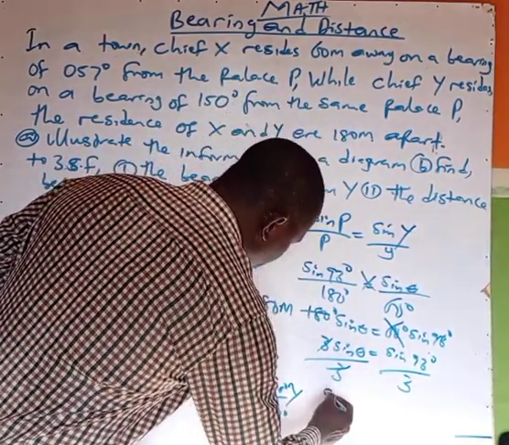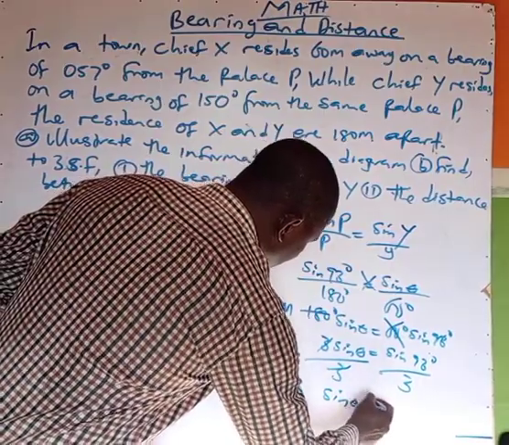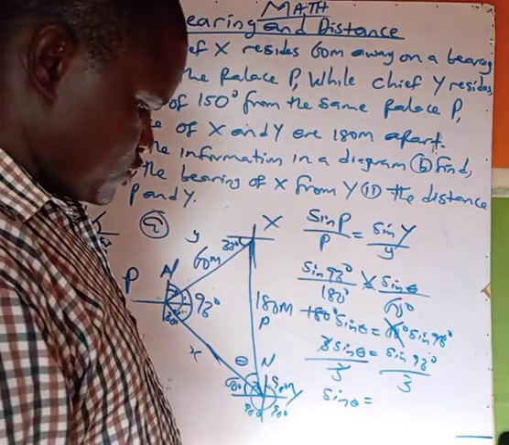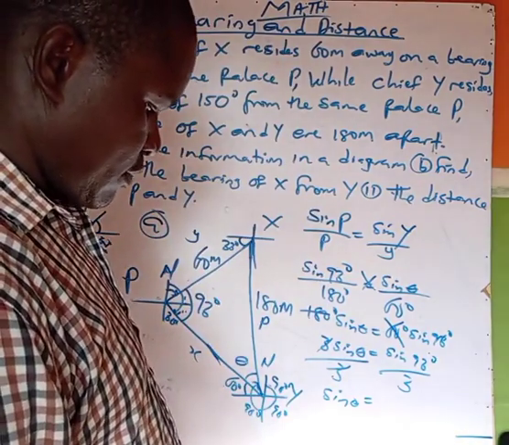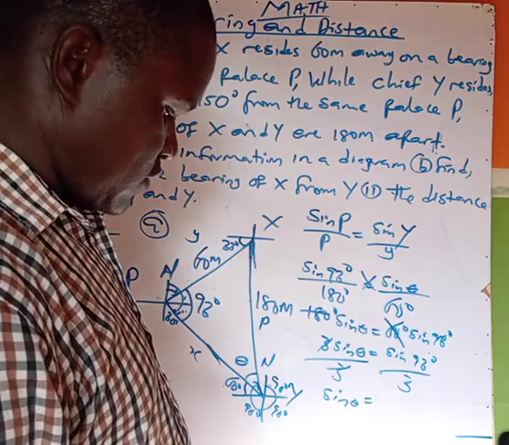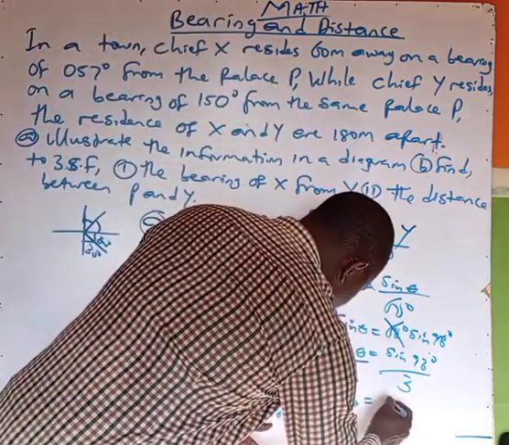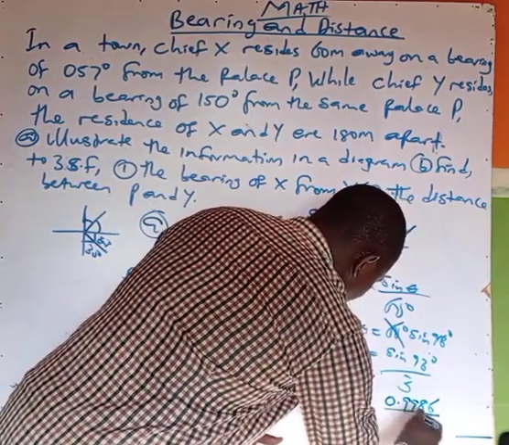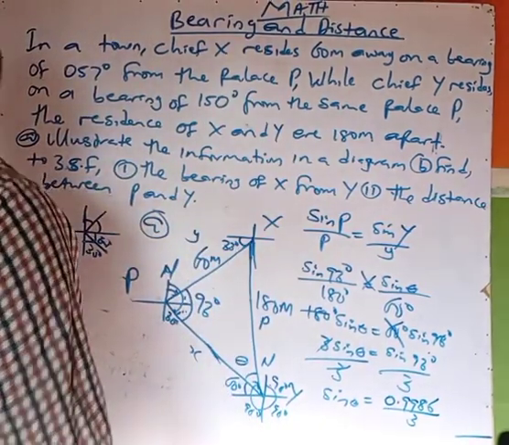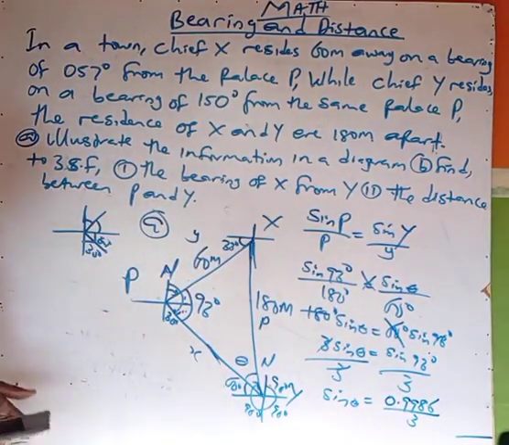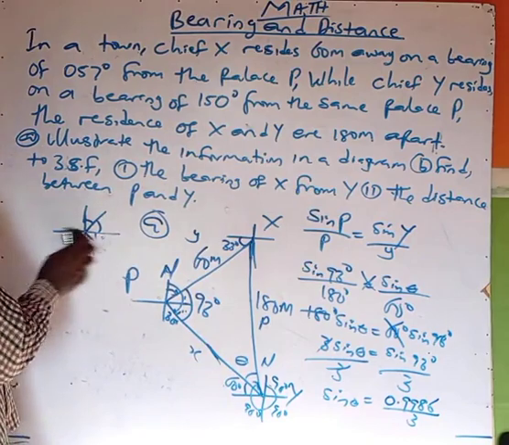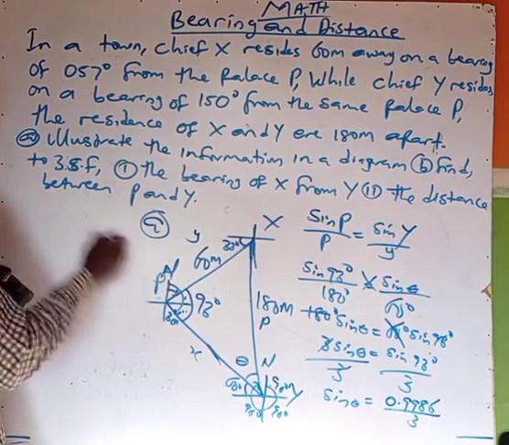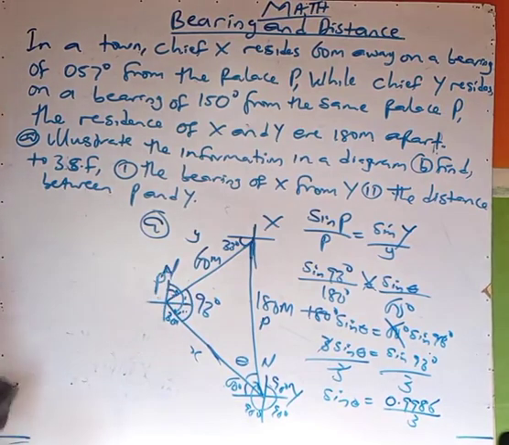Sine theta equal to, so what is sine 93 degrees? You check it. Sine 93 degrees will be 0.9986 divided by 3. Let's do the remaining here.